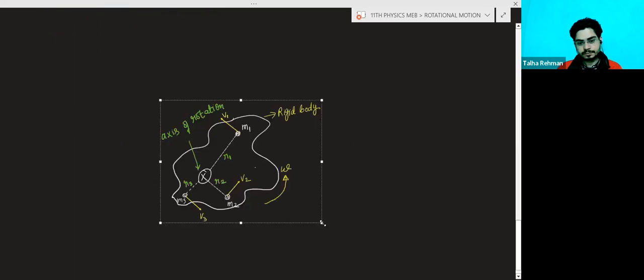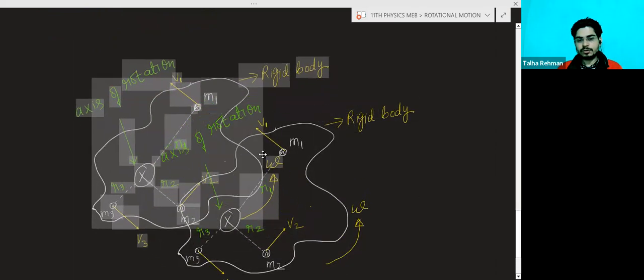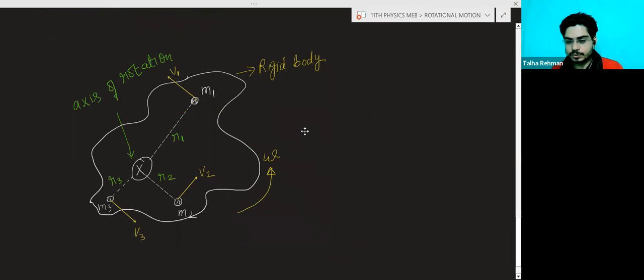So for example, this is a rigid body, and earlier also I used this rigid body to derive the kinetic energy expression, so I am not wasting time in drawing. This rigid body is rotating with an angular velocity omega about this axis. And these are the masses. I have taken 3 masses, but this body is made up of a large number of masses.